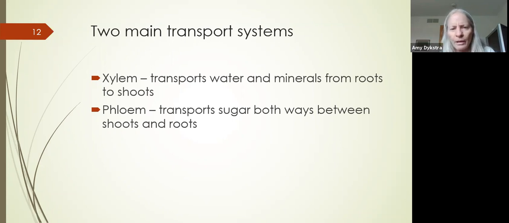That's why the sapsuckers are making holes in my pine tree, so that they can get at that sugary water. And when we tap maple trees, we're getting at that sugary water that is in the phloem. And not only in the phloem: when you tap a maple tree, you tap all the way into the xylem, so you're also getting a lot of fluid from the water.